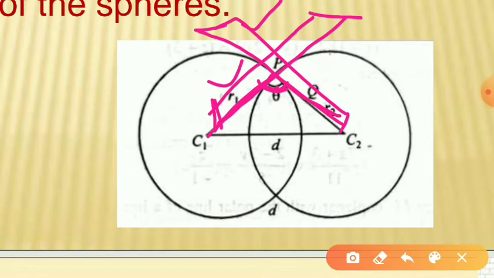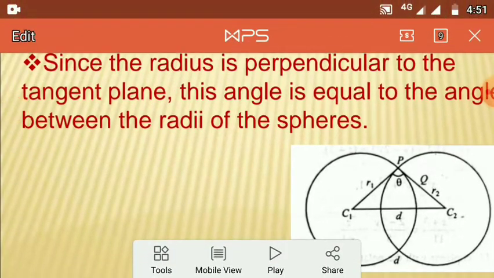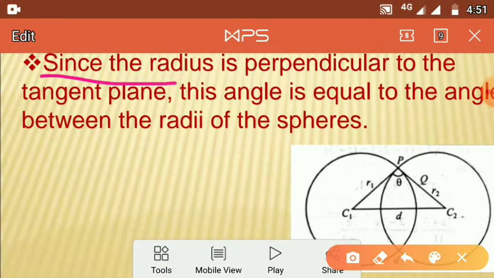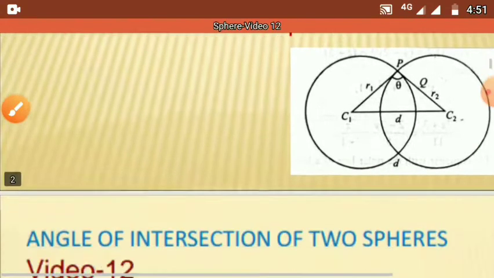Since the radius is perpendicular to the tangent plane, the angle between the radii is equal to the angle between the tangent planes.